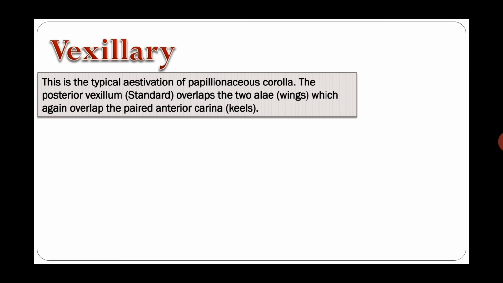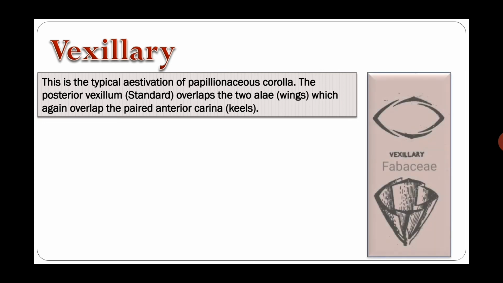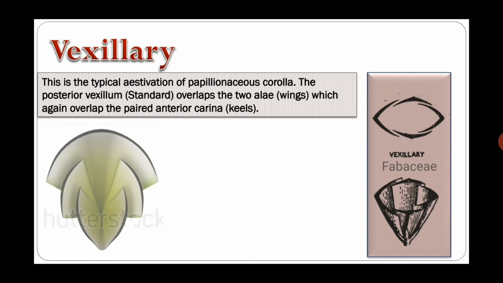The posterior vexillum, which is also known as standard, overlaps the two alae or wings, which again overlap the paired anterior carina or keels. So, friends, there are different types of petals in this papilionaceous corolla.